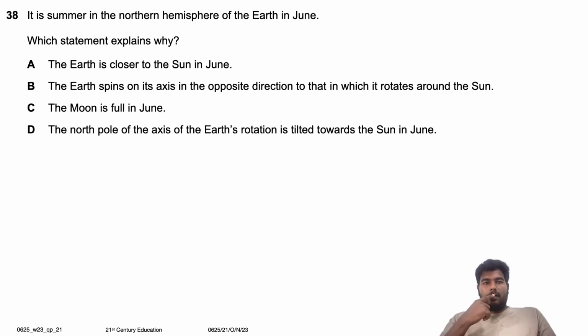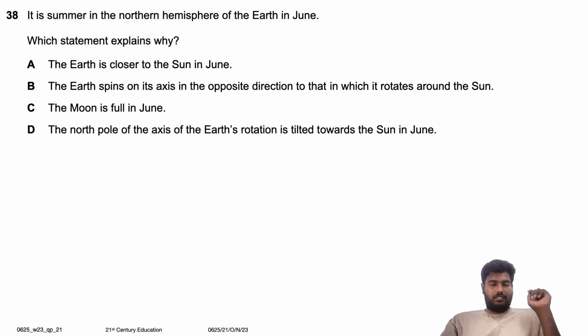It is somewhere in the northern hemisphere of the earth in June. Which statement explains why? Somewhere in the northern hemisphere of the earth in June, meaning that the north pole of the axis of the earth's rotation is tilted towards the sun in June, so that the rays are more close to perpendicular when they are hitting the earth.